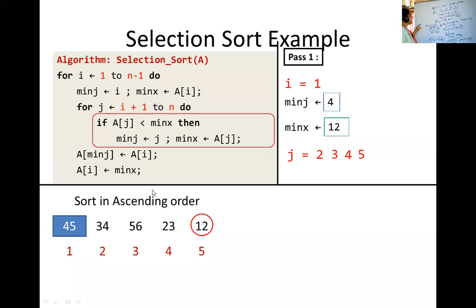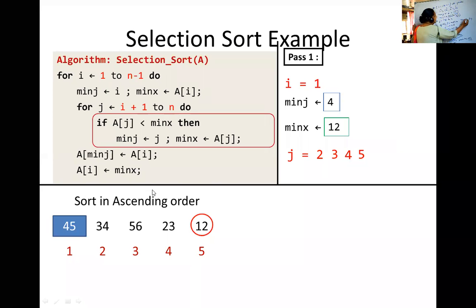I again repeat. First of all, min j would be the index of i, that is the first location. Then min x would be a of i, that is 45. So the first location in the array a would be 45, which is min x. For j equal to i plus 1 to n, if a of j is less than min x, fine. So j will start from location number 2, 34 is less than 45.